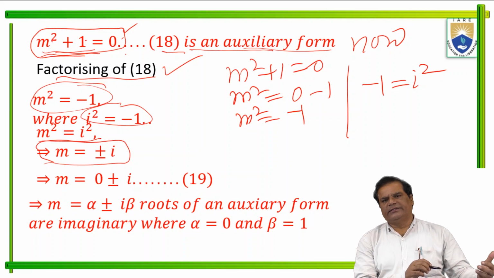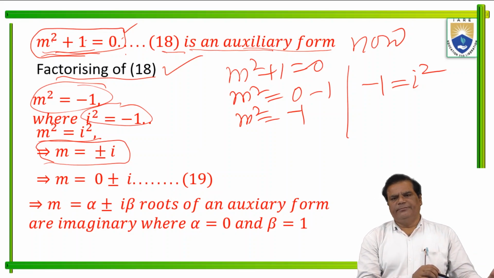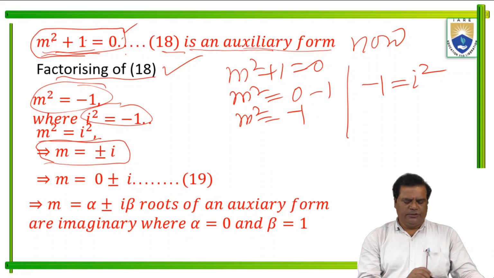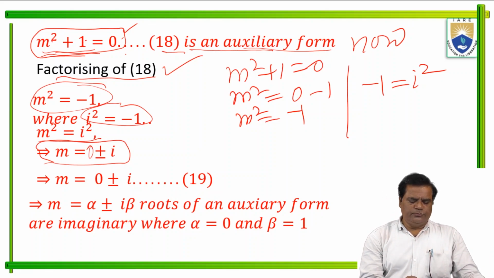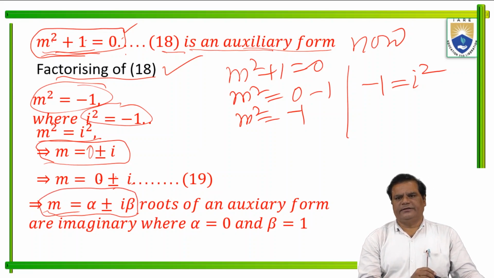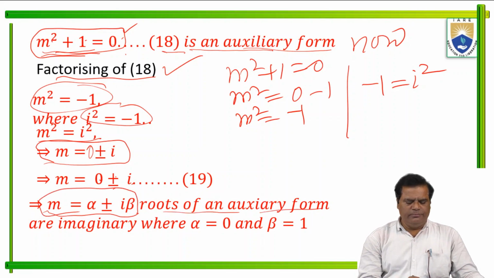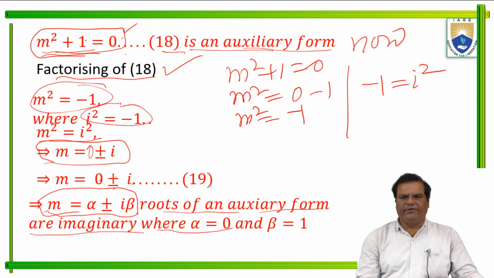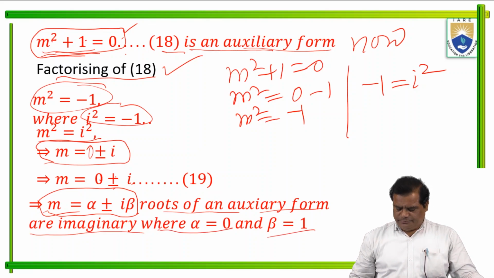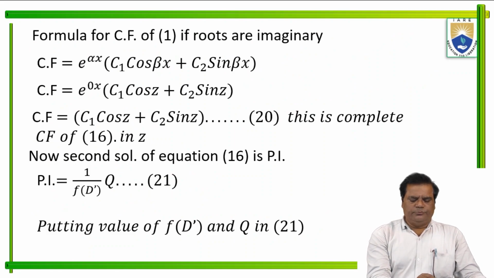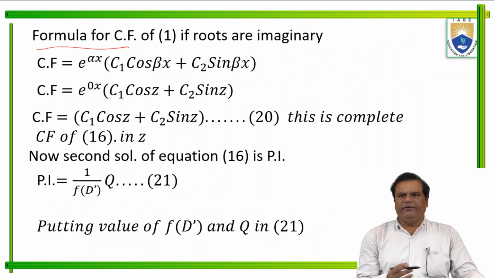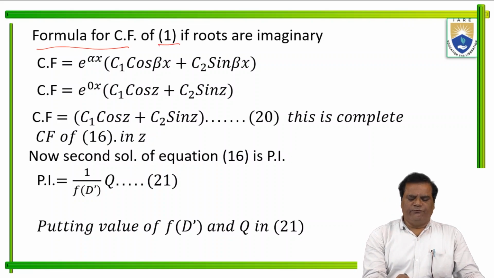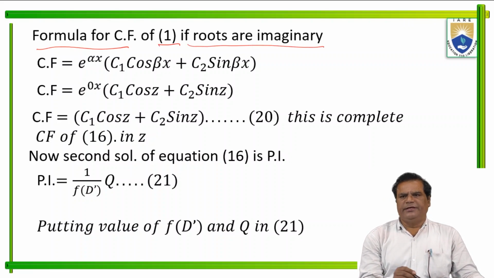Now for the solution of the auxiliary form, we get imaginary roots, m equal to plus minus i. Here writing 0 plus minus i, these roots are of the type m equal to alpha plus minus i beta. So the roots of the auxiliary form are imaginary, where alpha is 0 and beta is 1. We apply the formula for CF if roots are imaginary.